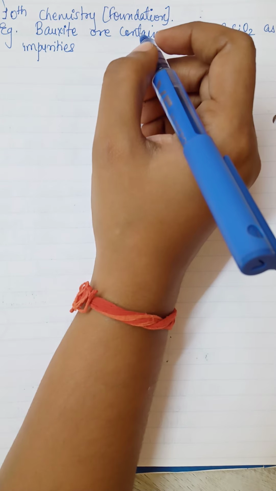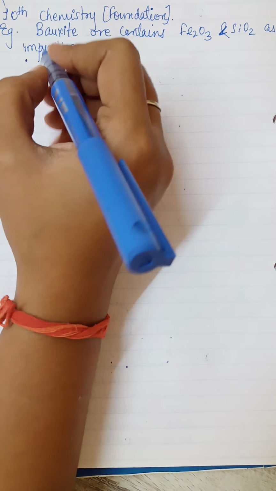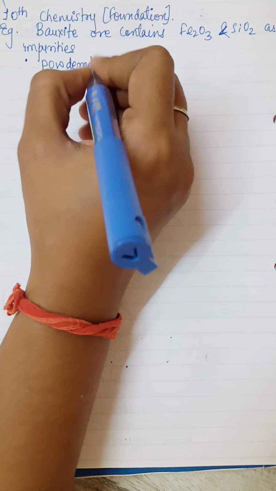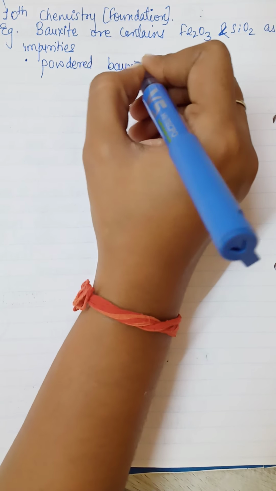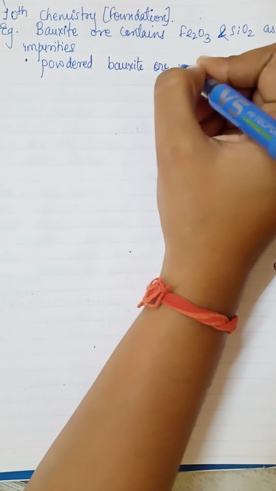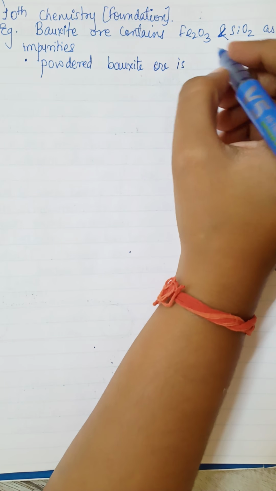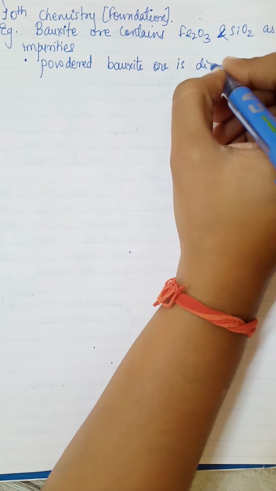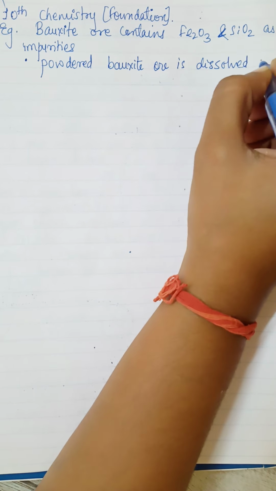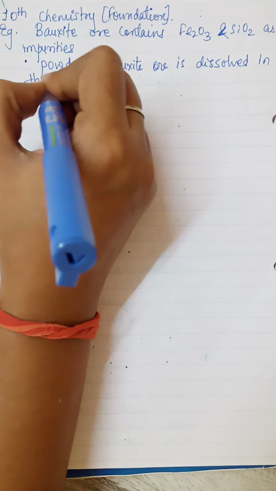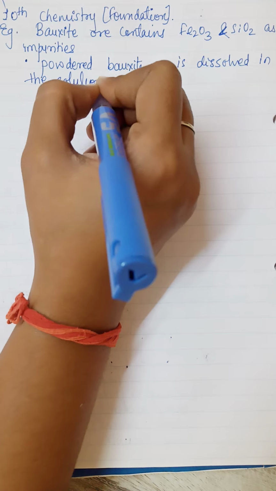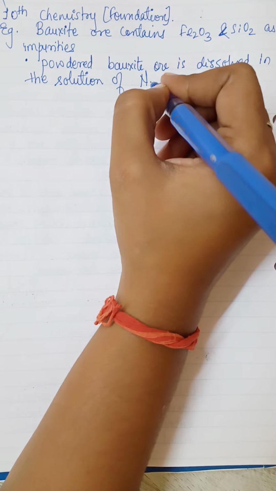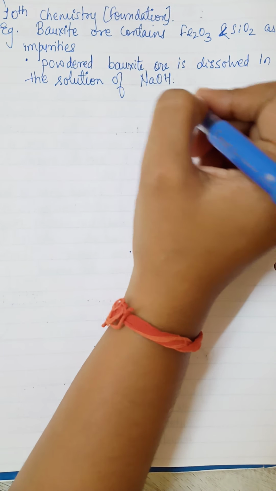So what we do, the first step: the powdered bauxite ore is treated with, or dissolved in, a solution of sodium hydroxide.